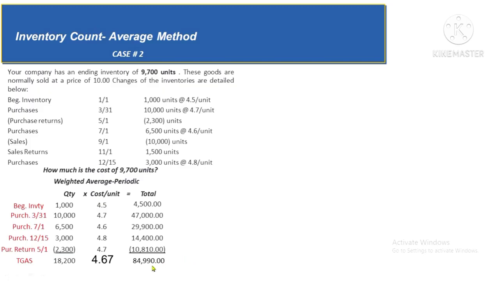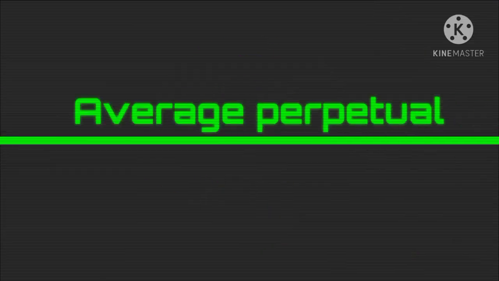That's 84,990 divided by the 18,200 units. And if the remaining inventory is 9,700, you just have to multiply that with this average cost of 4.67, and then you are going to get 45,299 as the ending inventory under the weighted average method, or the average periodic.